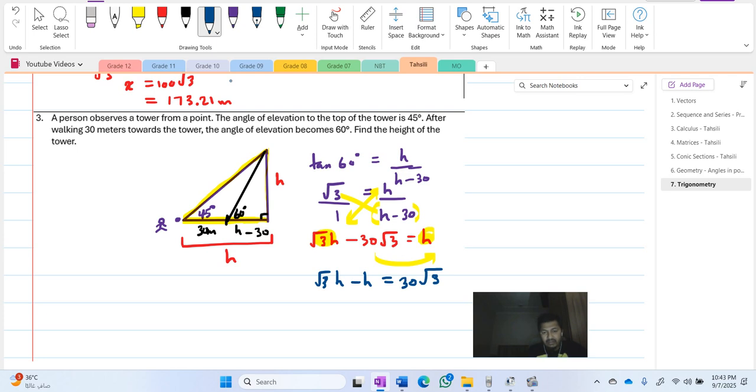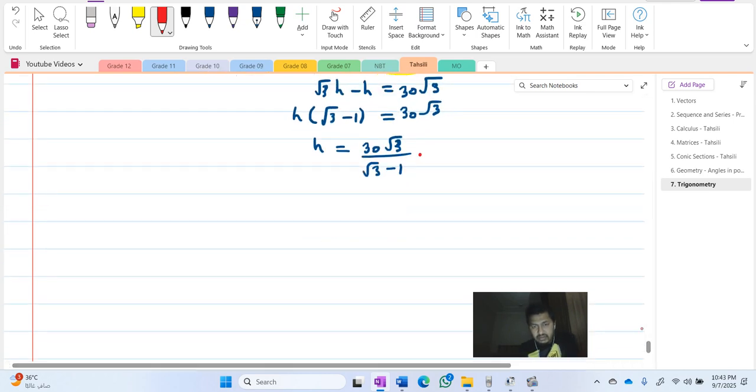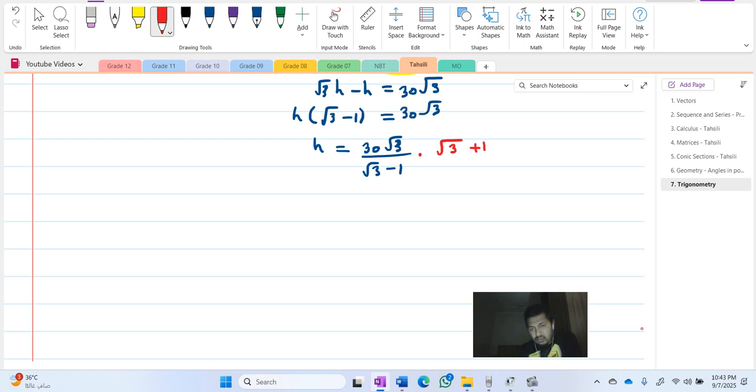Now you can factor out the h, because that's the HCF. So you're left with h times root 3 minus 1 equals 30 root 3. Carry on solving: h is equal to 30 root 3 divided by root 3 minus 1. Some people forgot how to rationalize, so we multiply by the conjugate, root 3 plus 1 over root 3 plus 1.